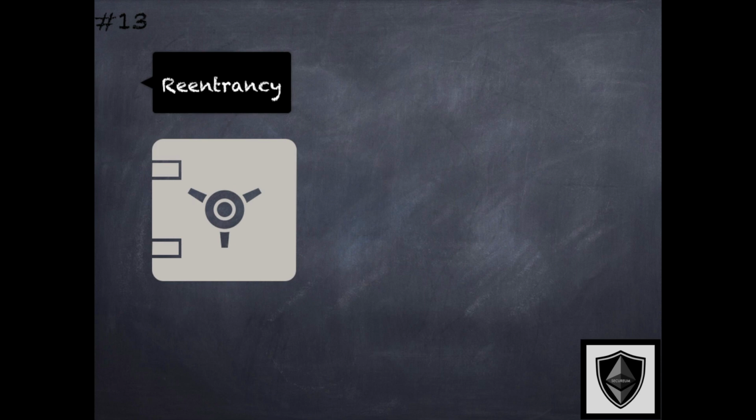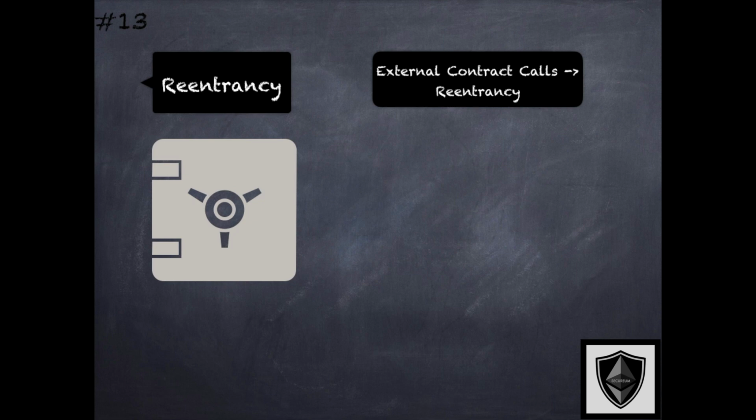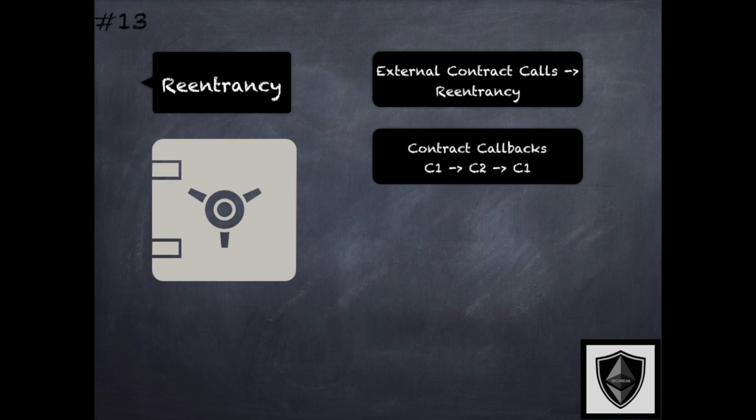The reentrancy security pitfall is perhaps unique to smart contracts, where external calls made to contracts can result in what can be thought of as callbacks to the called contract itself.